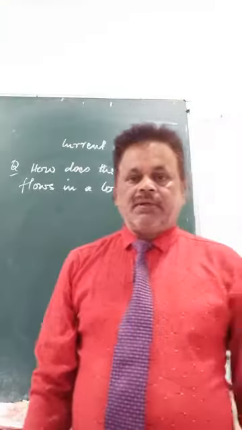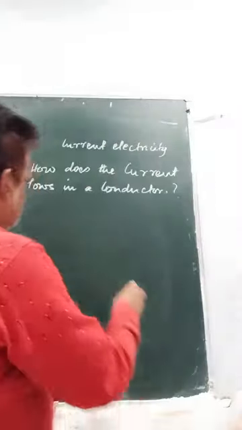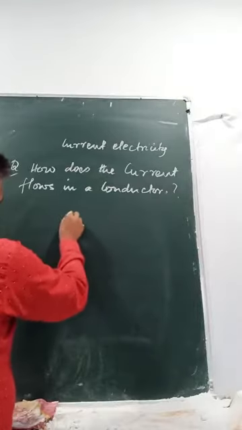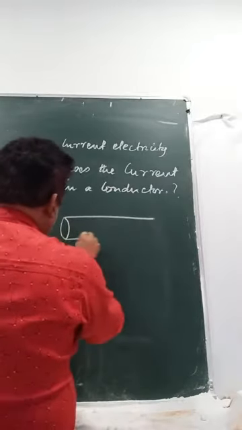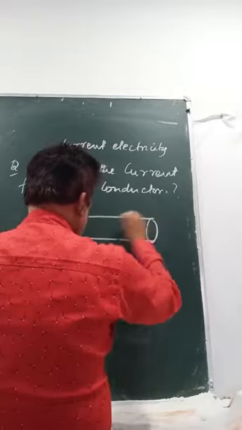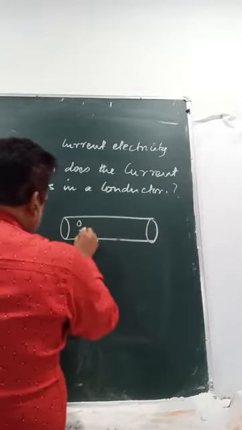Okay, to understand this, let's have a diagram here. Suppose there is a conductor. There are a number of electrons like this.